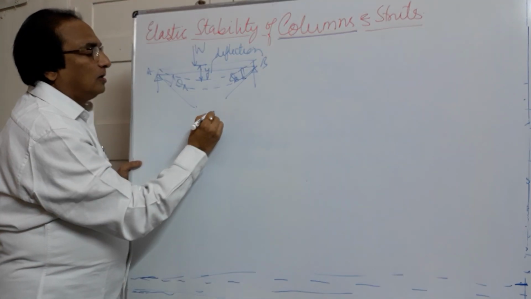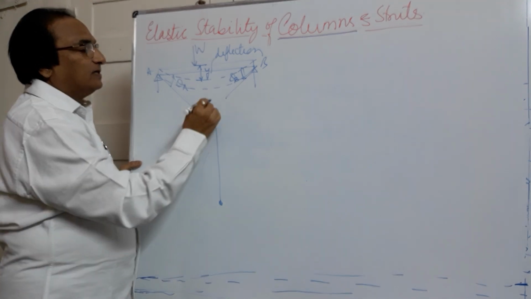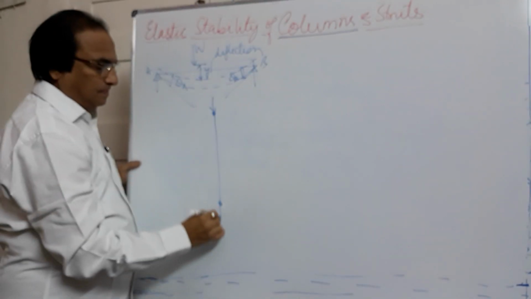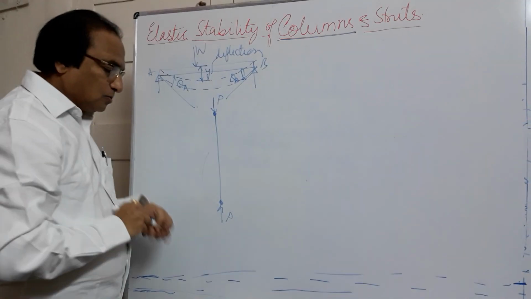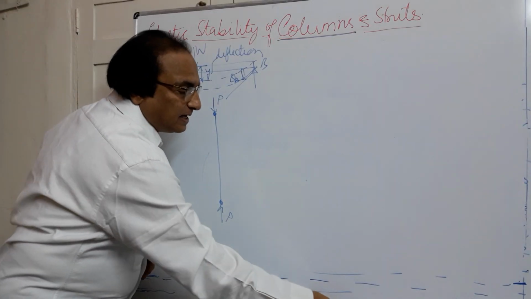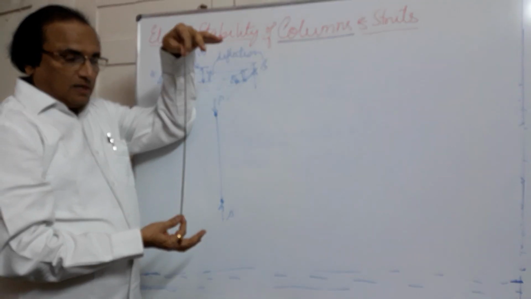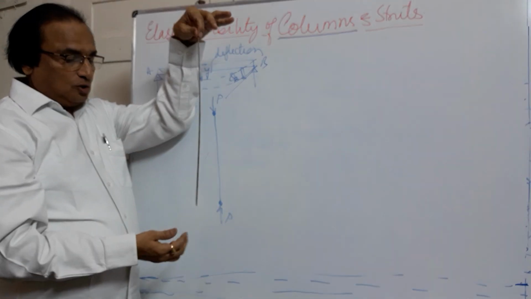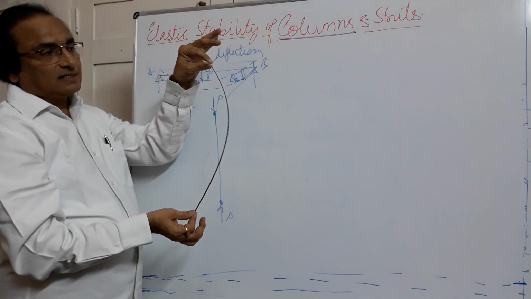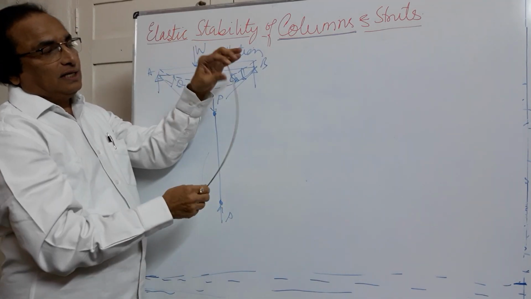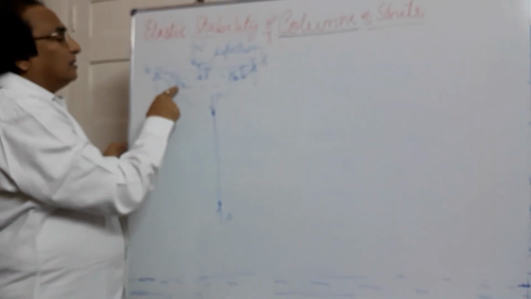Suppose I take a column with both the ends hinged and subject it to loads P and P. Let's see what is going to happen. If I hinge it, you can freely rotate it. So if I bend it, it is going to bend like this. If you see at the supports, they are bending like simply supported, so there will be rotation.